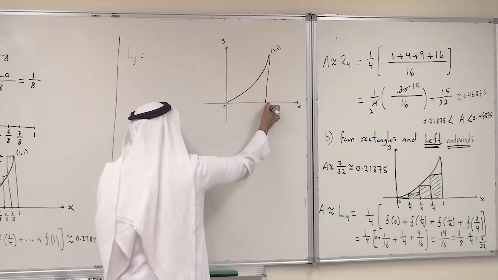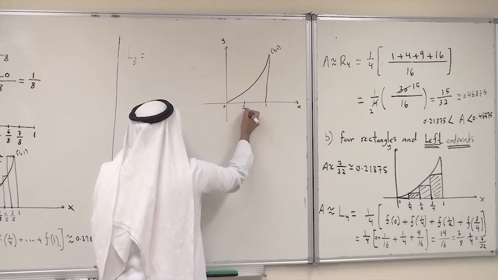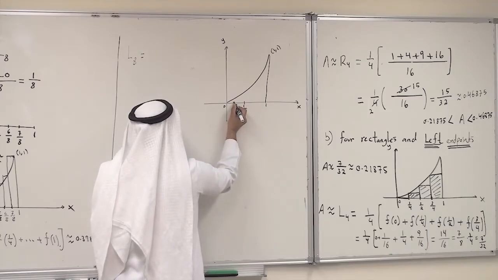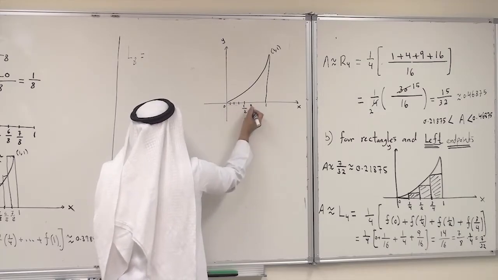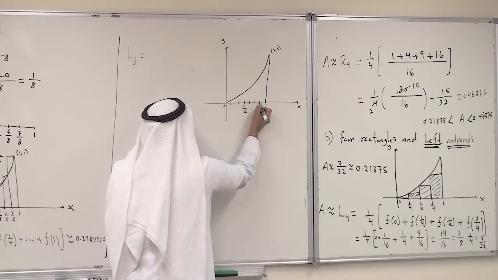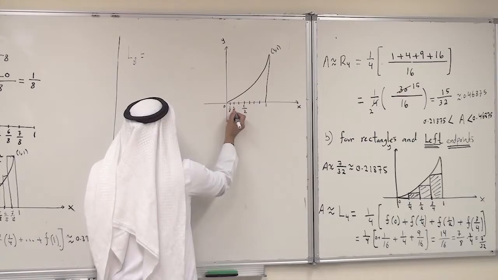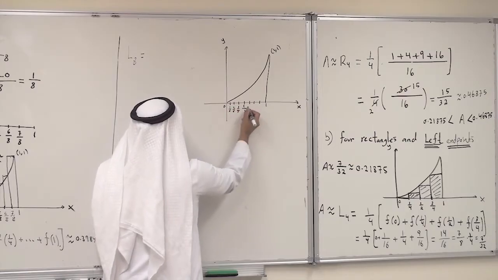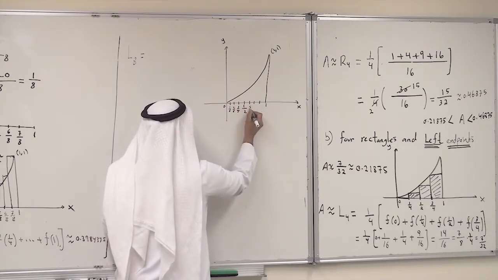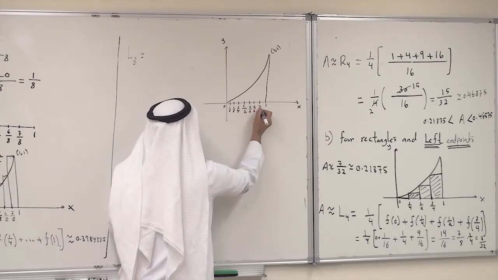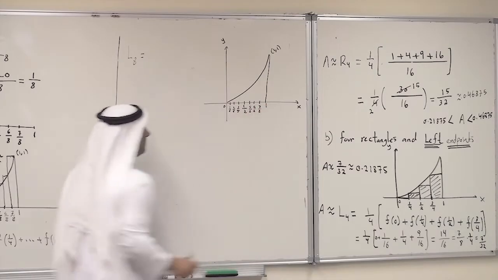This is 1, and I divide it into sub-intervals, 8 of them. Again, this is 1 over 8, 2 over 8, 3 over 8, 4 over 8, 5 over 8, 6 over 8, 7 over 8, and this is 1.